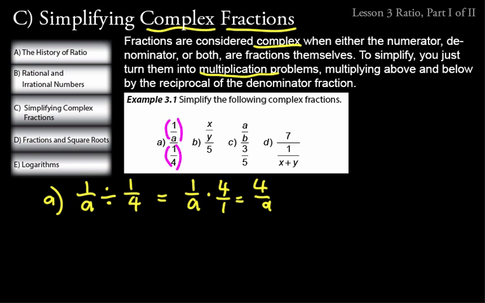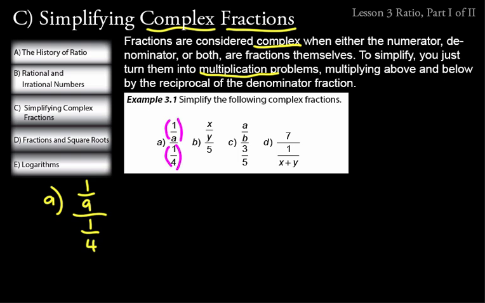And that's the answer. You can do it that way if you really want to, but what we're going to do is do it like this. Leave it all as a fraction. We're still doing an invert and multiply, but we multiply the numerator fraction and the denominator fraction by the reciprocal.